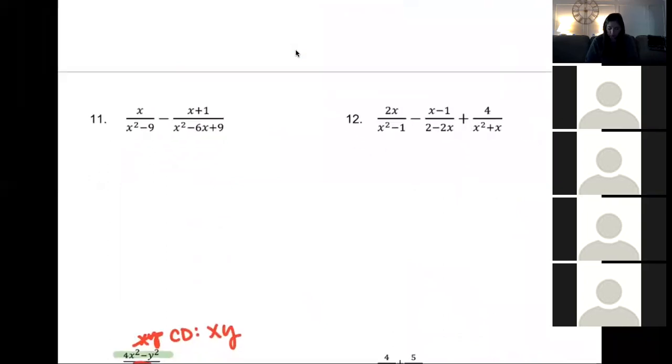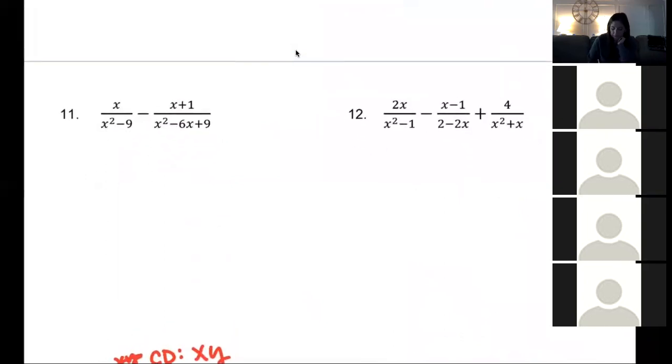So with number 12, the first step is to just factor your denominators. So I would have x plus 1, x minus 1. Here I would want to take out a -2, and then I would be left with x minus 1.